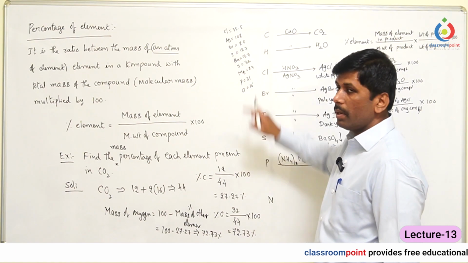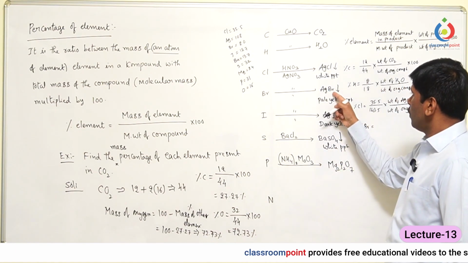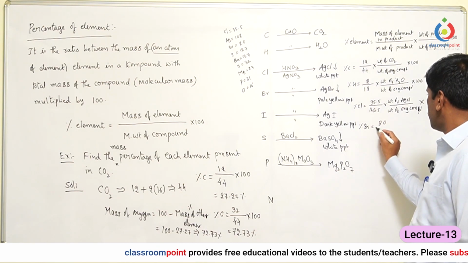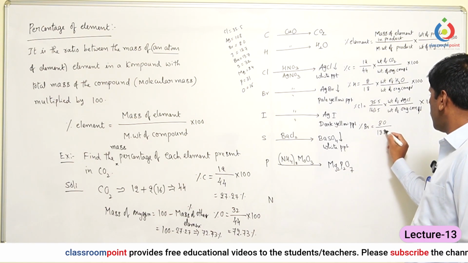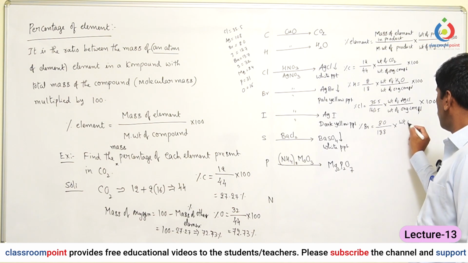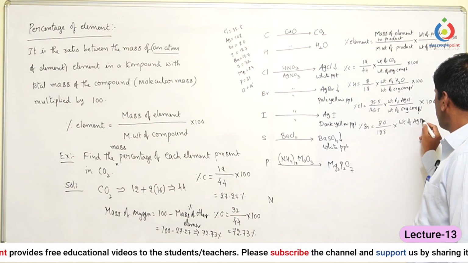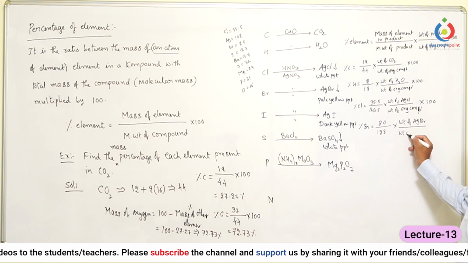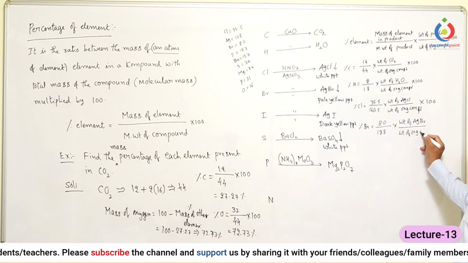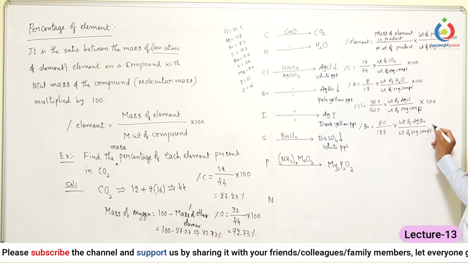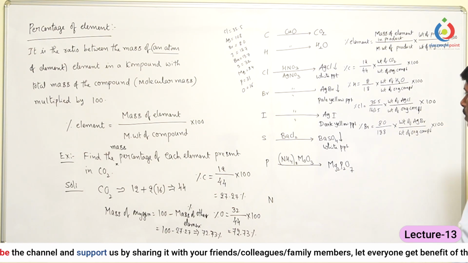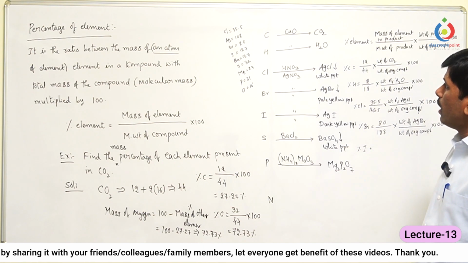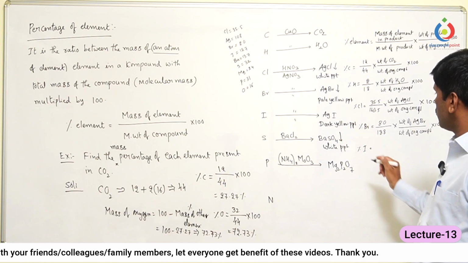Similarly, percentage of bromine. Bromine atomic mass is 80 and one bromine atom is present in the product silver bromide. So it is 80 divided by 188, into weight of AgBr divided by weight of organic compound, into 100. Percentage of iodine: one iodine is present here.